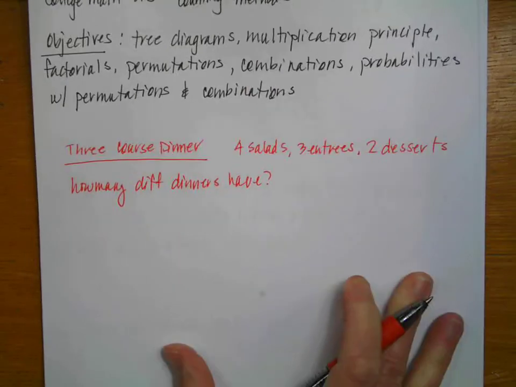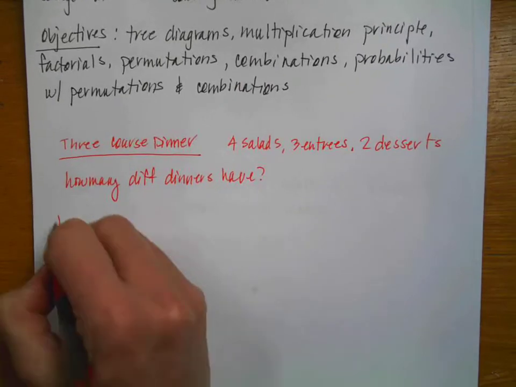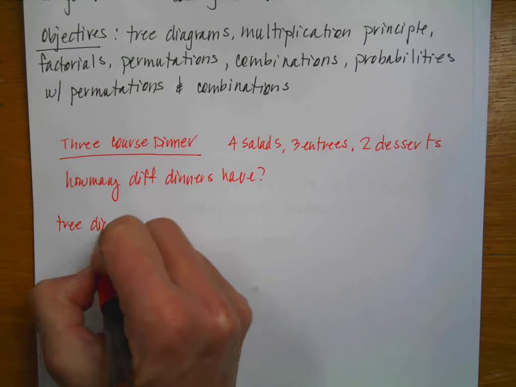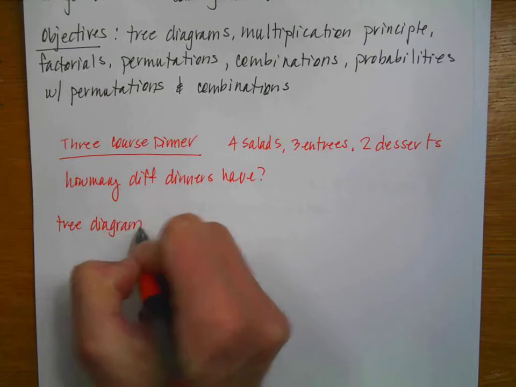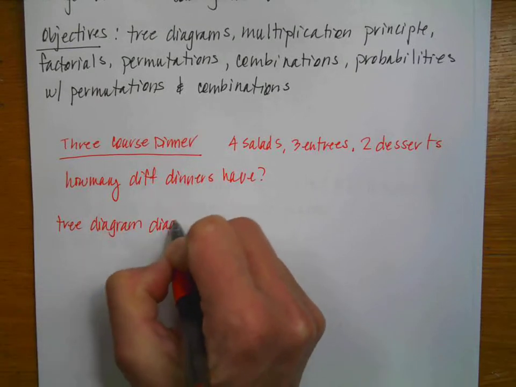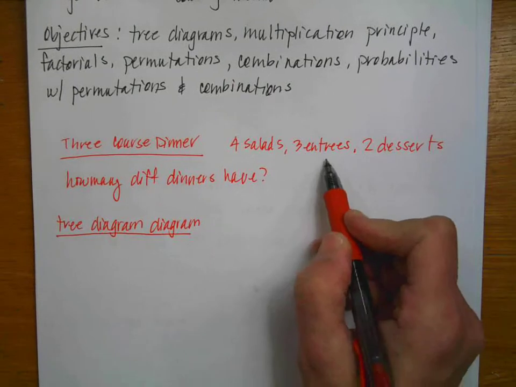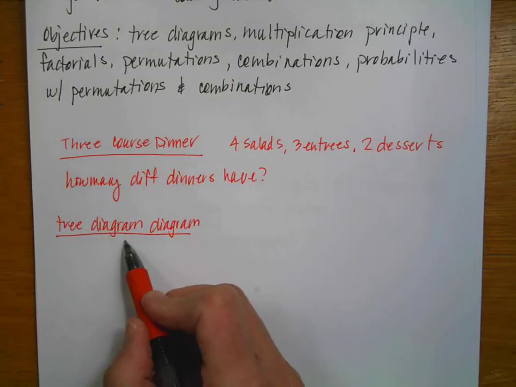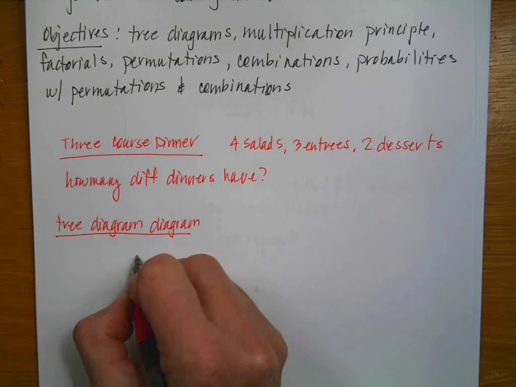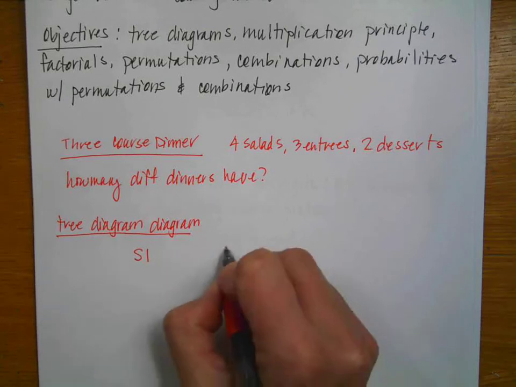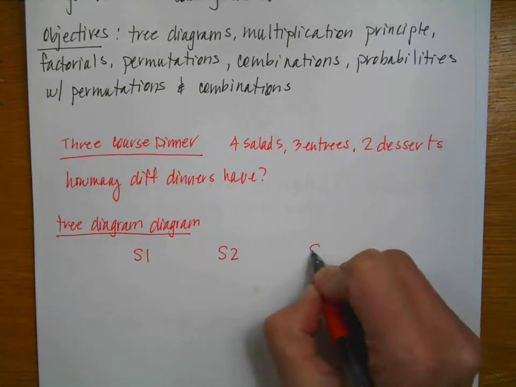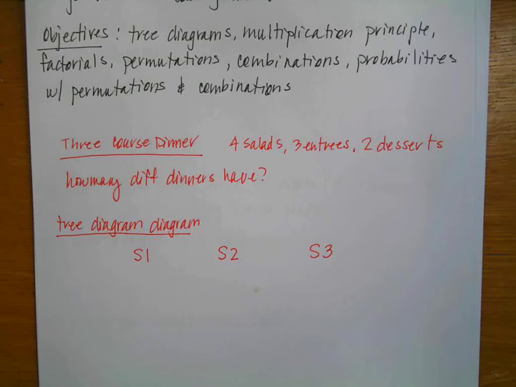Well, one way of managing this is in what's called a tree diagram, and they're kind of fun to do, but you'll see as we walk through this example that if we had a lot of choices, this would get to be really annoying. So let's say I'm going to start with salad 1, and then I have salad 2, and then I have salad 3.